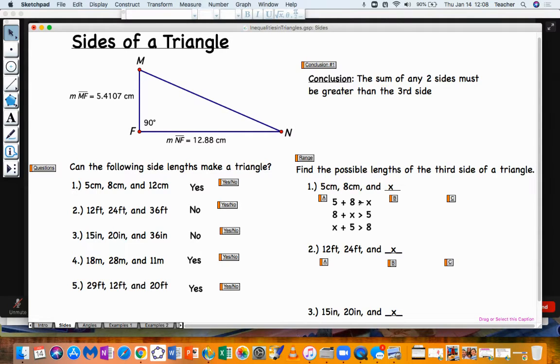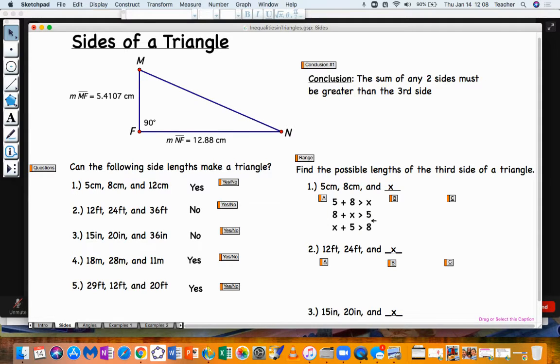All we have to do is solve those inequalities. It's just like an equation. So 5 plus 8 is 13, so 13 is greater than x. If I solve this next one, to get x by itself, you subtract 8.